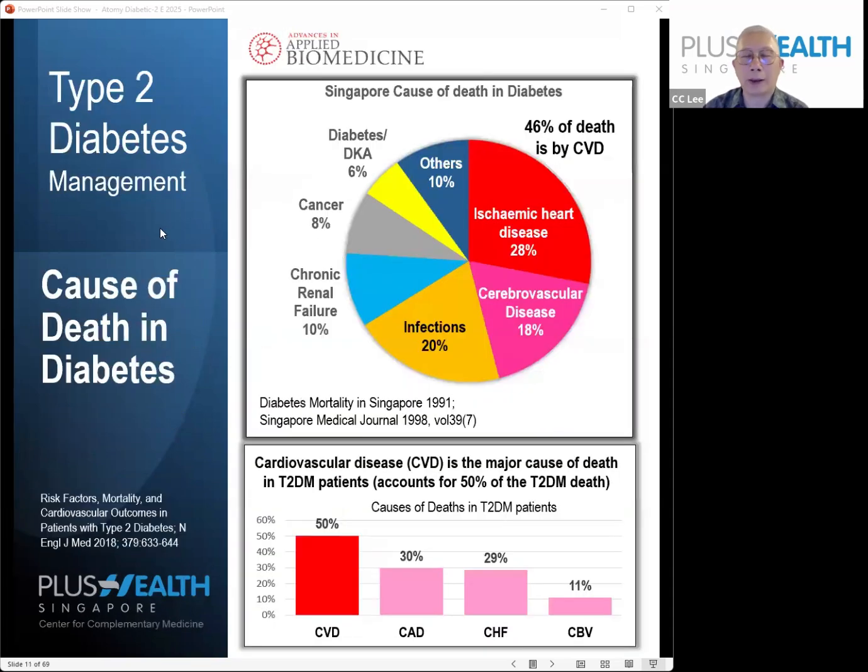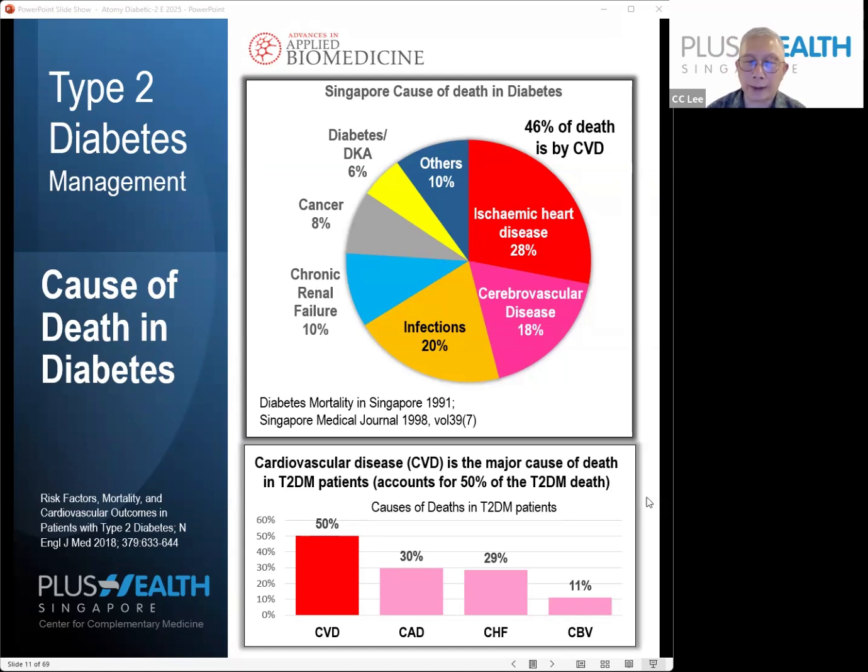Okay, now let's look at another context. How do cardiovascular diseases affect type 2 diabetics? As for the causes of death in diabetics, the majority of deaths are due to cardiovascular disease incidents. You can see from this chart there are two statistics here. One is Singapore statistics: in Singapore, 46% of diabetic deaths are by CVD.